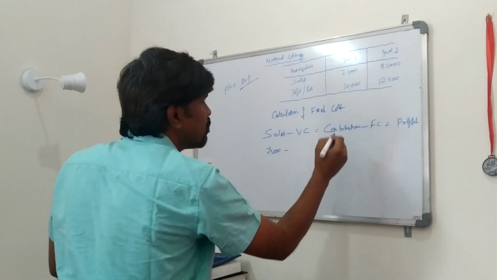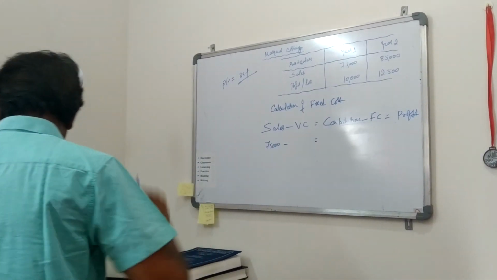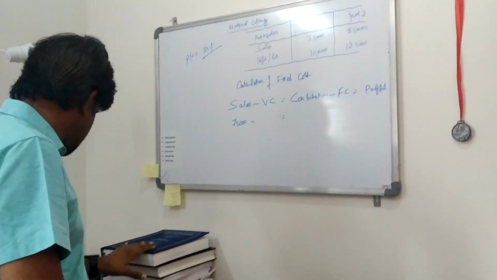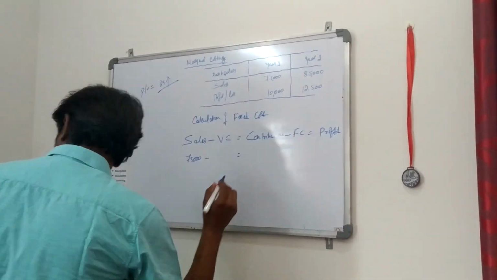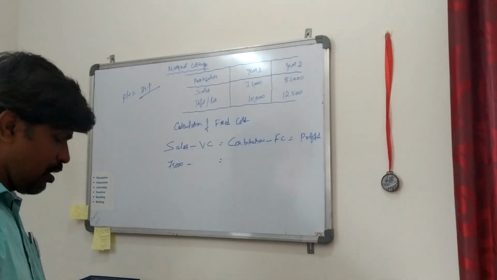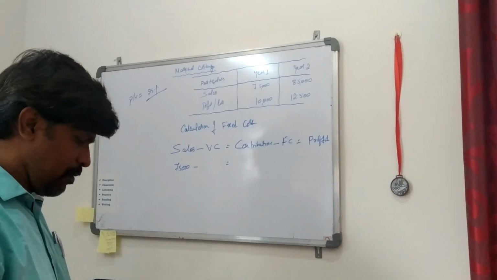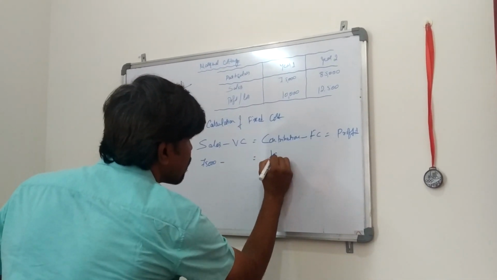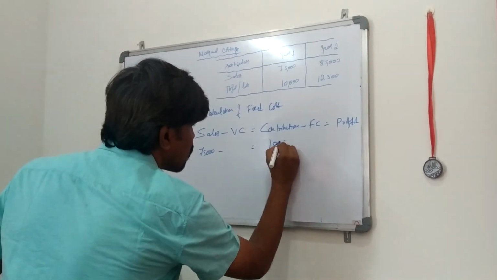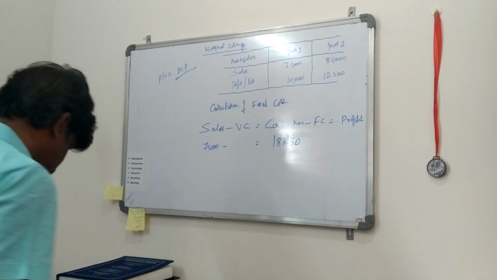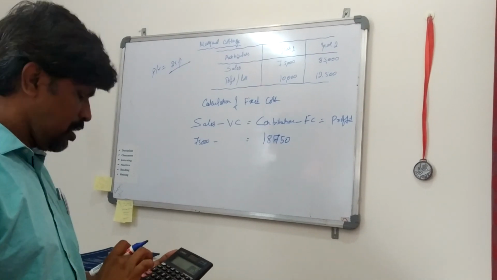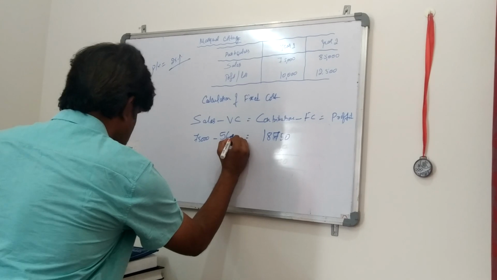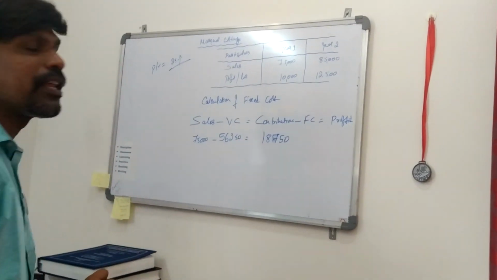So PV ratio 25% means 25% of 75,000, which is 18,750. 18,750 minus 75,000, that is 56,250, is the variable cost.